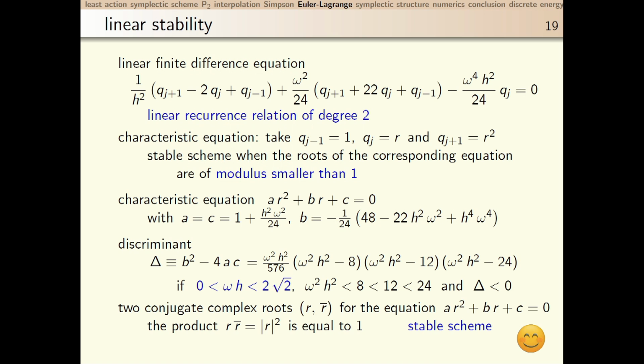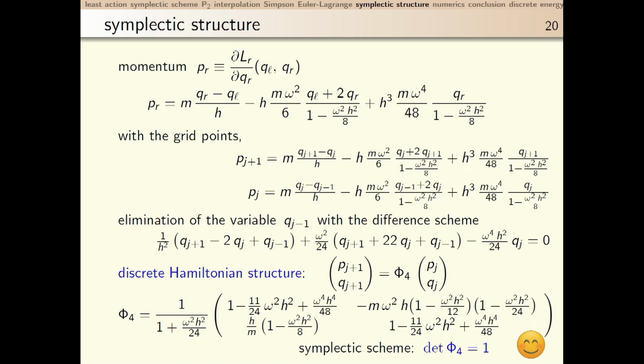You have an equation of second order, and you compute the discriminant, and you are very lucky because this discriminant is negative, and because it is negative, you have two complex conjugate roots, and the product of the roots is equal to 1. It is the ratio between A and C, which are equal. And you see also that the stability condition you obtained before is recovered with this analysis.